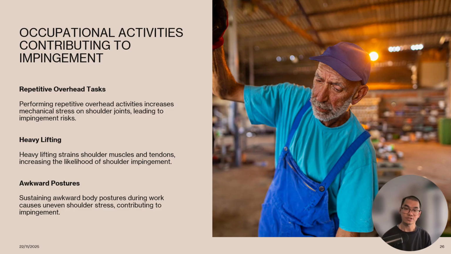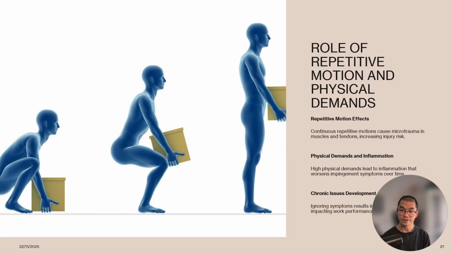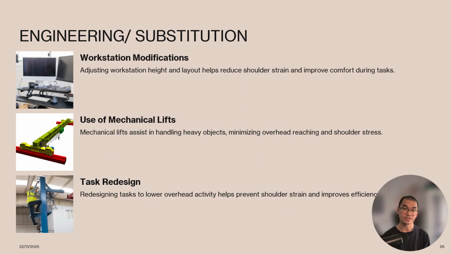Common usual suspects are repetitive overhead tasks, pushing and pulling, pushing trolleys, and also heavy lifting. Sometimes it is the speed, the pressure to keep up with the job, rather than the heavy load itself. One thing I haven't included here is the effect of vibration on shoulder pathology, and this covers a similar problem as we mentioned in the previous slide.